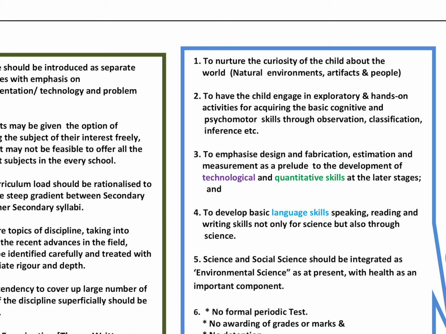So the curriculum has to be designed and fabricated in such a way that the learners make use of the process of estimation and measurement. This will form the foundation for the technological and quantitative skills which they are supposed to acquire in the later stages, during upper primary, secondary and senior secondary.